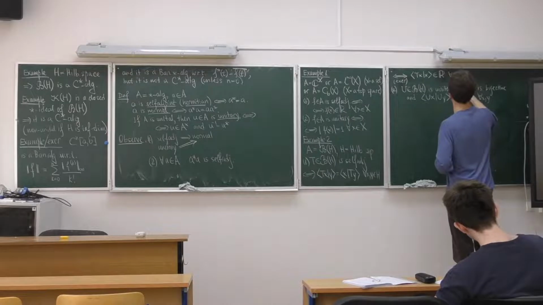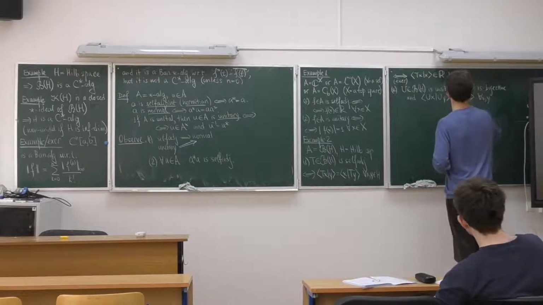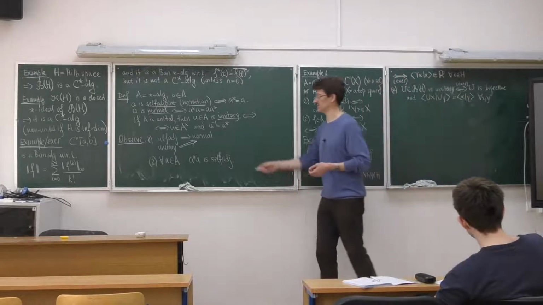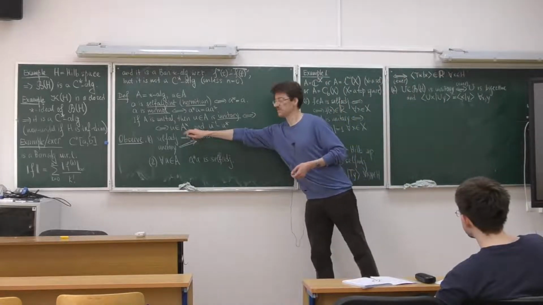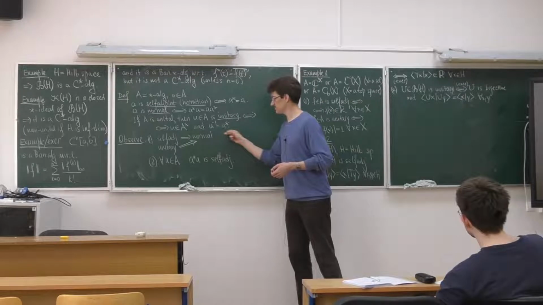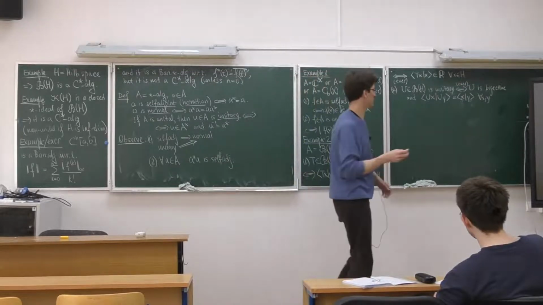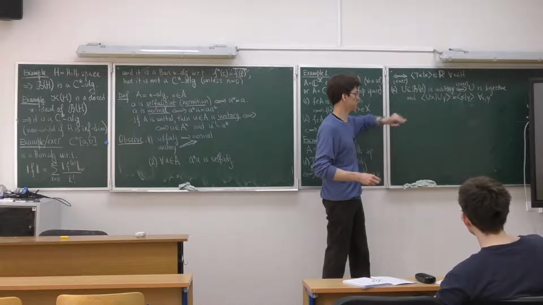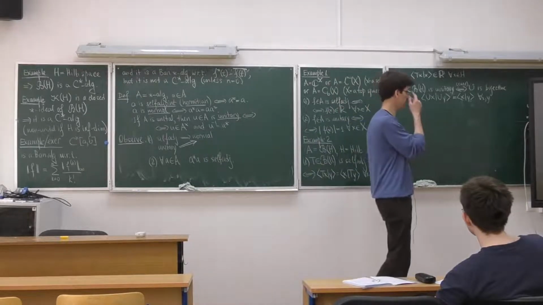This is also an exercise for you. Of course, the bijectivity means just the invertibility here. And this condition can be written in the following explicit form. So U is unitary if and only if it is bijective and preserves the inner product.